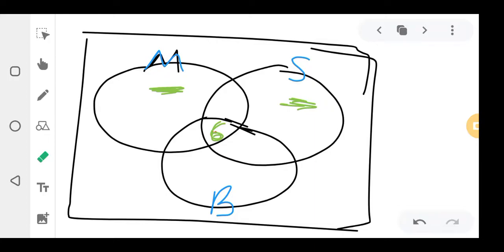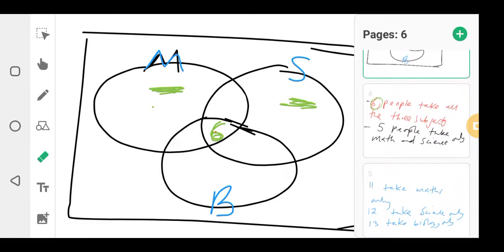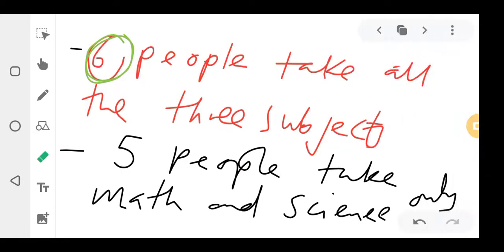First you put the ones that took all the three, which was 6. So we look for mathematics and science only. So the number will come here in the middle. Okay, so who took mathematics and science only? So come to your information.